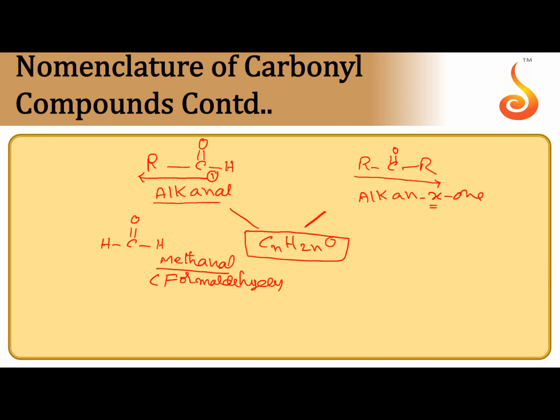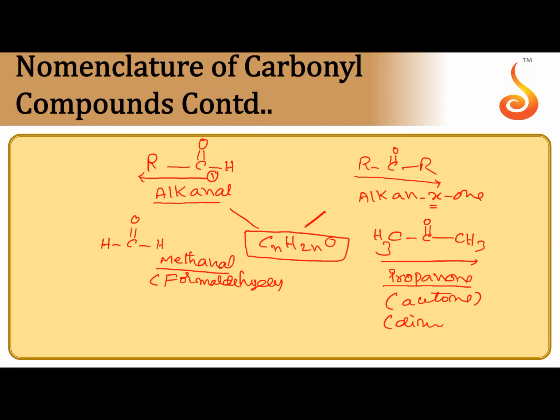The first member of the ketone family contains 3 carbons, CH3COCH3. Propane, 2-one; you need not mention 2, just one is enough. Propanone, common name is acetone, or it is also called dimethyl ketone.